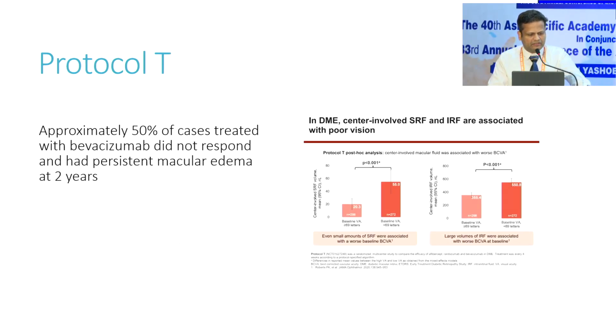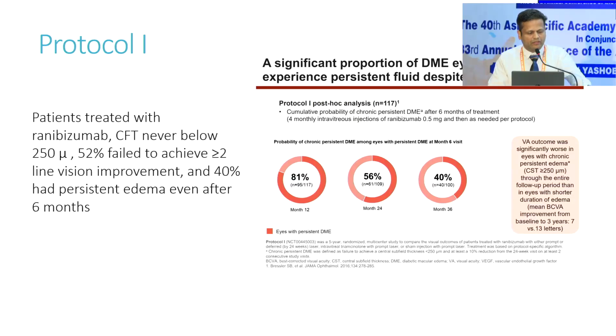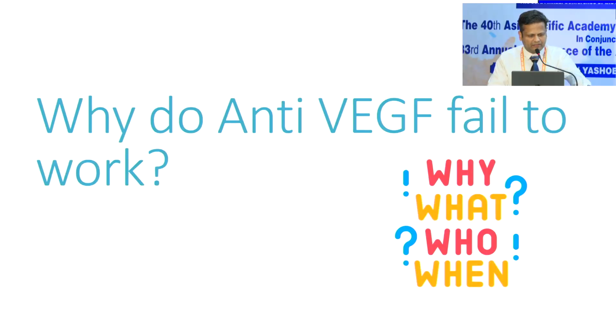Protocol T showed us that approximately half the cases treated with bevacizumab did not respond and had persistent macular edema even at 2 years. Protocol I showed us that CFT never came below 200 microns with ranibizumab. Half of them failed to achieve a greater than or equal to 2-line improvement, and 40% had persistent macular edema even after 6 months. So why do anti-VEGF agents fail to work?